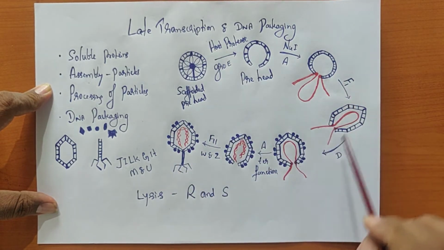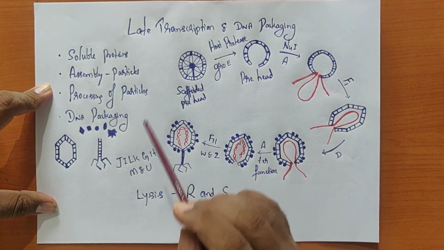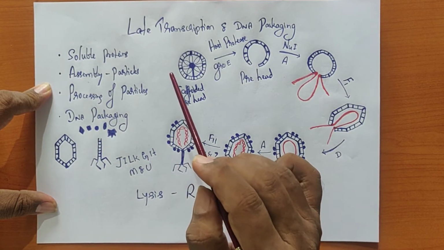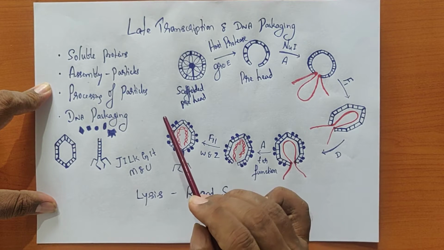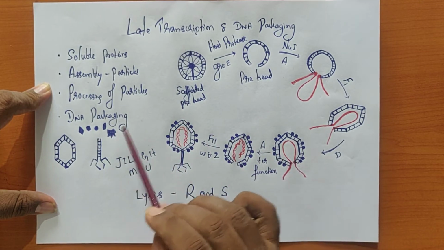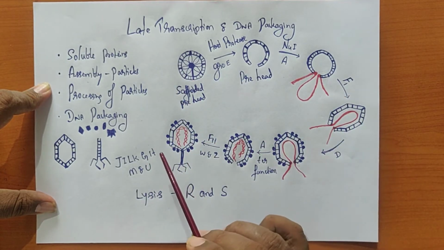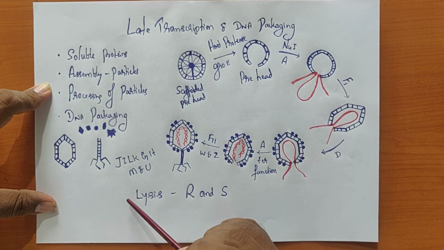Now what this particular figure represents is that they initiated the lytic cycle and stopped at different time points, to understand the stages of assembly with respect to the head as well as the tail region.